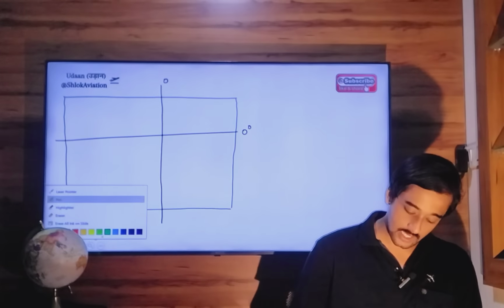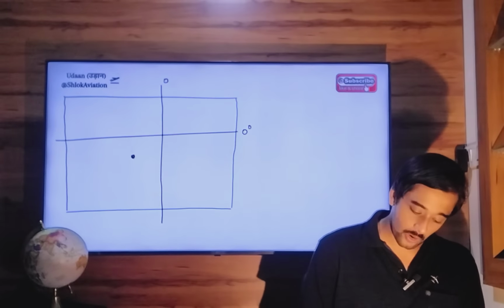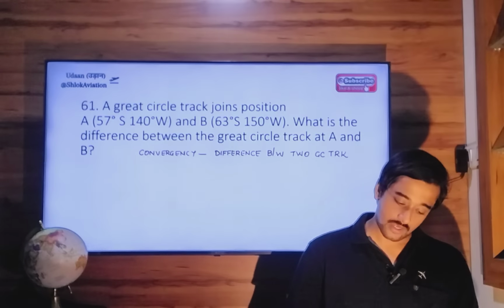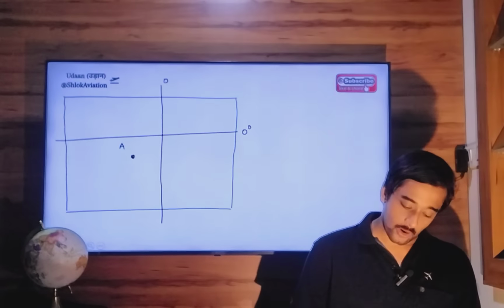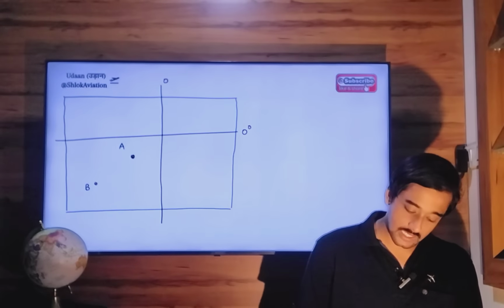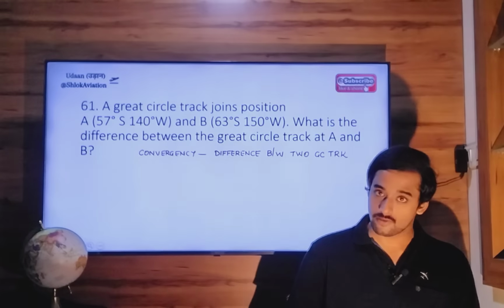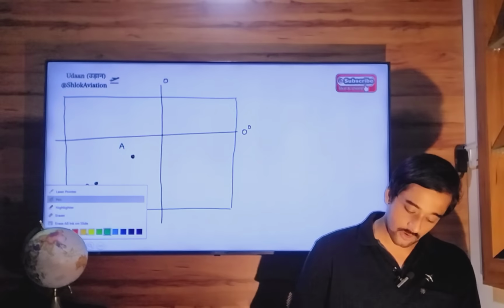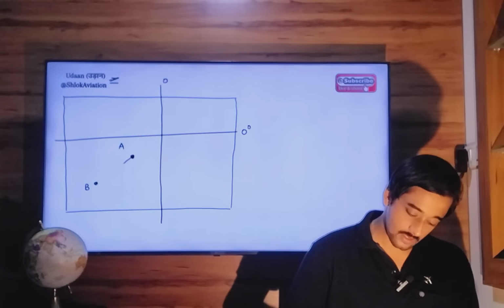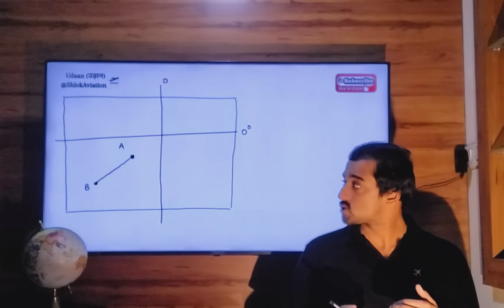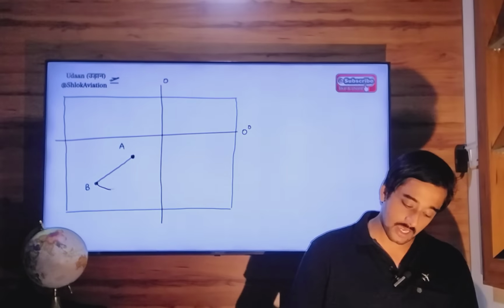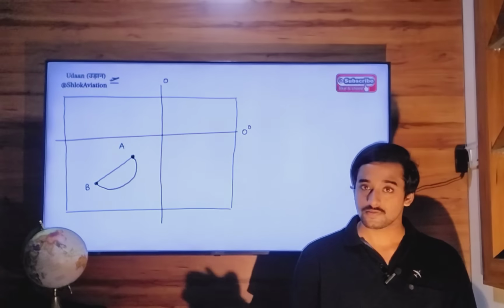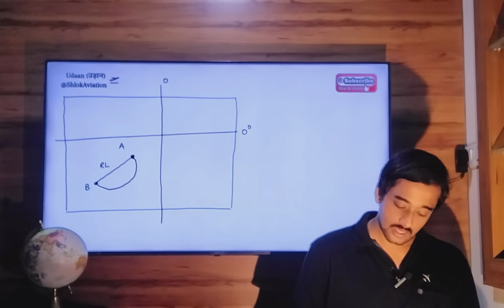Now 57 south will be here, point A. 57 south, 140 west. Point B will be here, 63 south, 150 west. We are traveling from A to B. Now since we are in the south hemisphere, the great circle will be like this. Okay, so rhumb line, great circle.